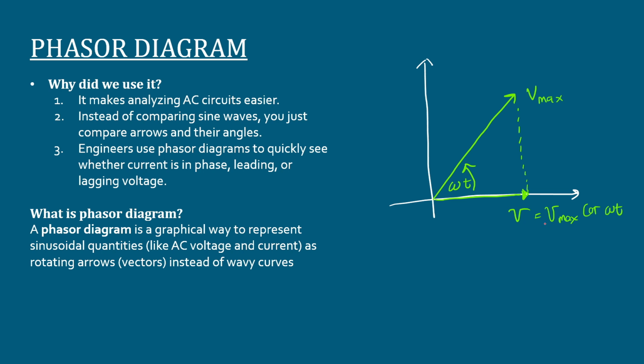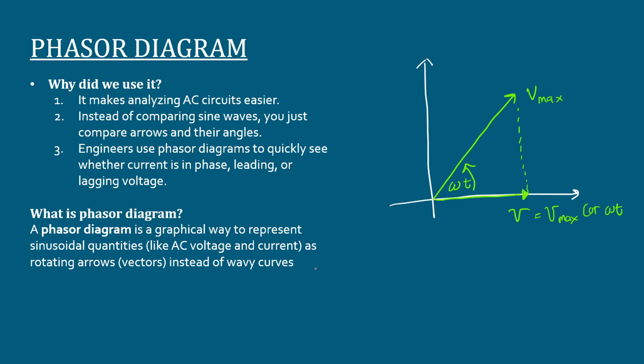That is equal to Vmax times cosine omega t, and omega t is the angle of this vector. As we know, a Phasor diagram is a graphical way to represent sinusoidal quantities like AC voltage and current as rotating arrows or vectors instead of wavy curves.